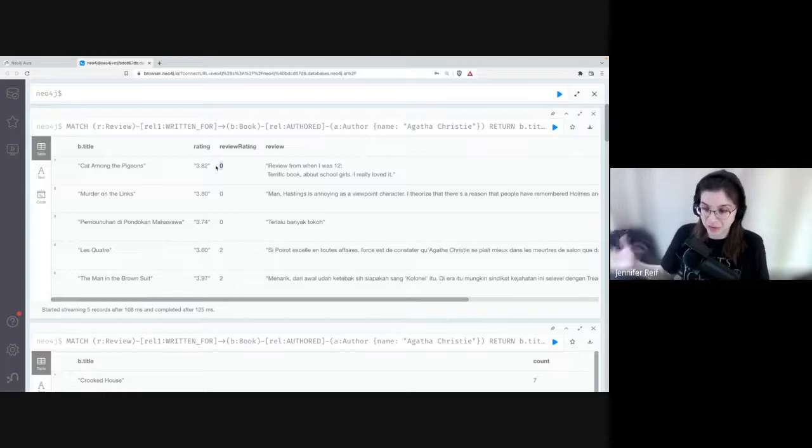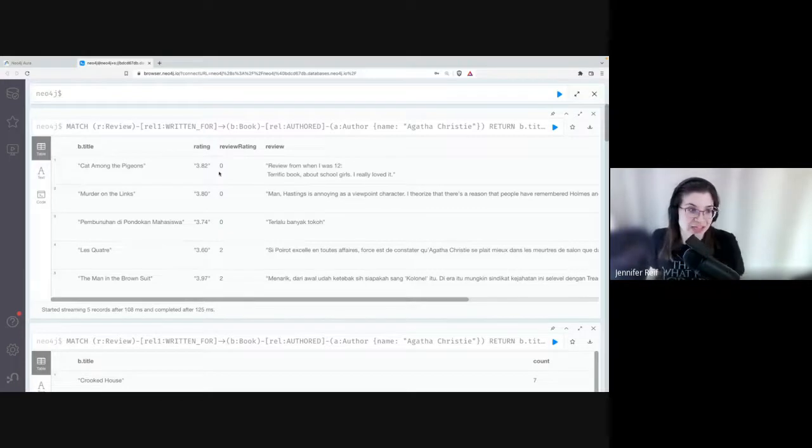So maybe that person forgot to actually click the number of stars, and for some reason the review system let them submit that without choosing the number of stars. So maybe that's something you'd want to go back in your review system and fix, because it allowed something to submit that doesn't have a rating on it.